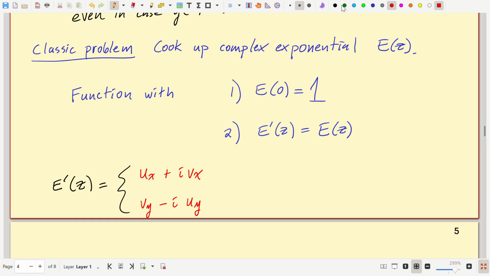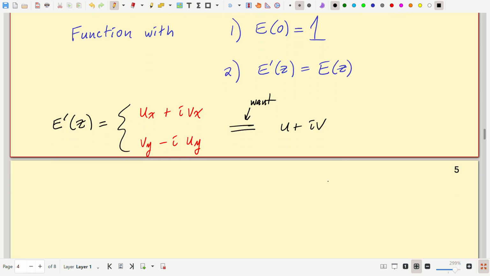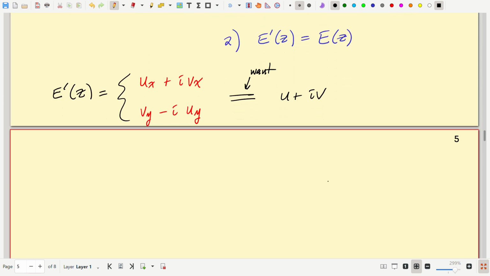And we want that to be equal to itself, which is u plus iv. That's going to give me 4 equations when I equate those two things. I want du dx to be equal to u. I want dv dx to be equal to v.